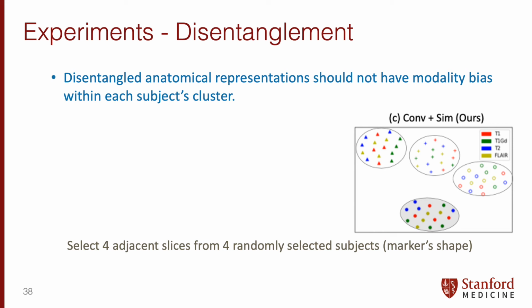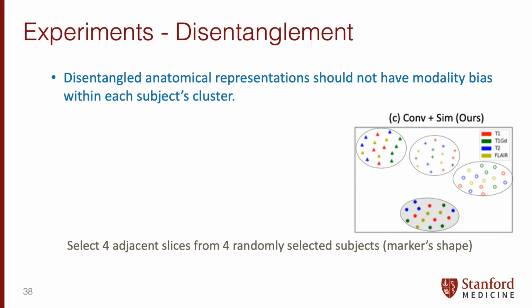Similarly, we can also plot the anatomical representation in 2D space. Color still denotes the modality, and we select 4 adjacent slices from 4 randomly selected subjects. Different marker shapes label different subjects. As each subject has different anatomy, there should be 4 clusters by 4 subjects.